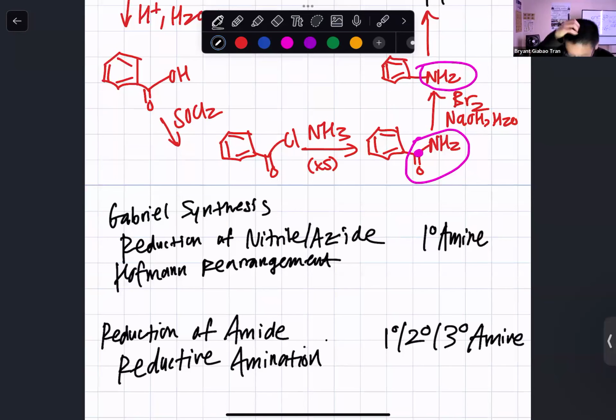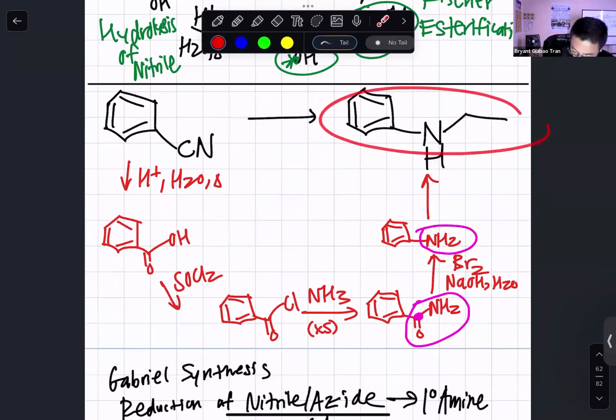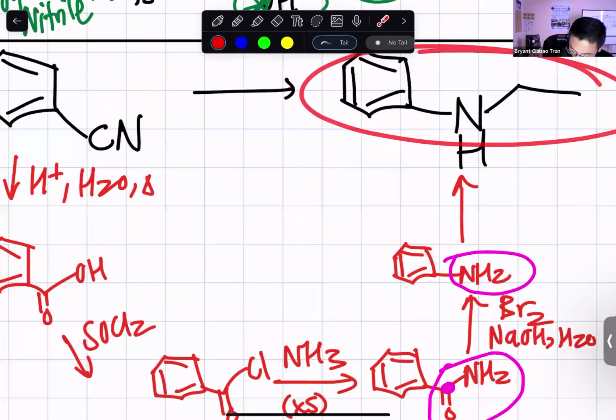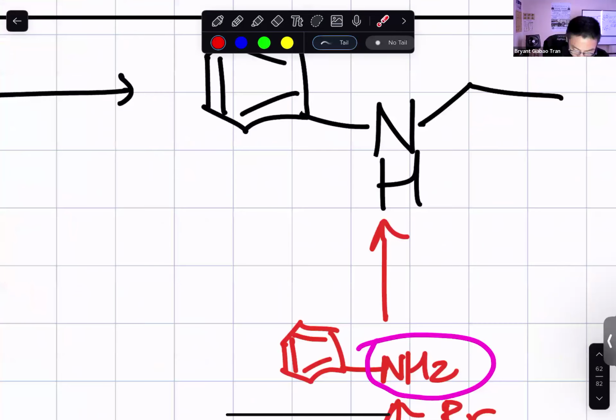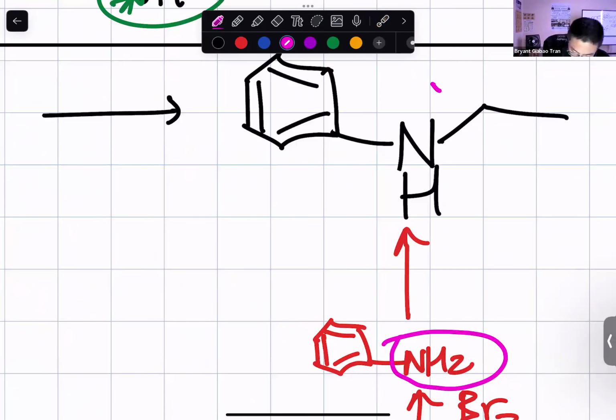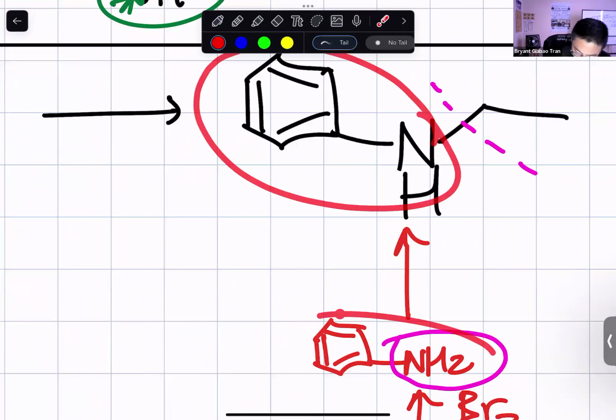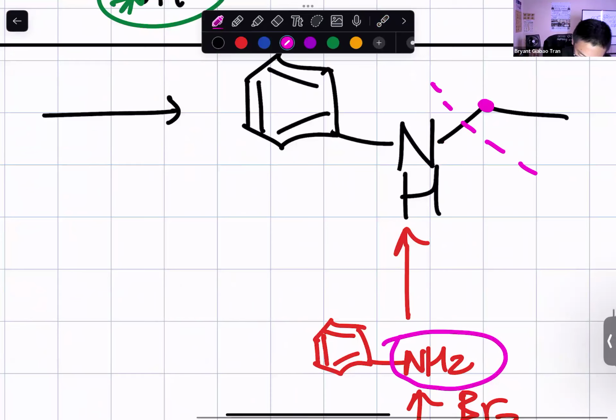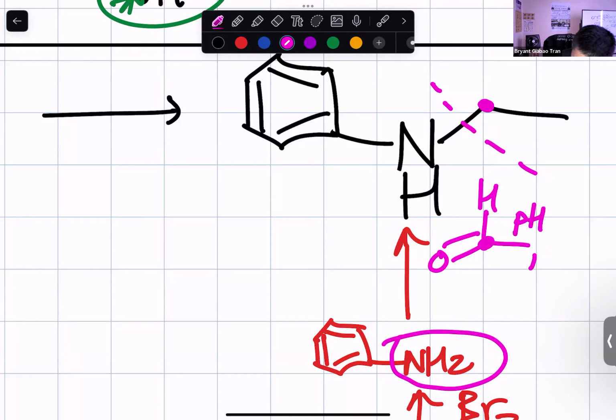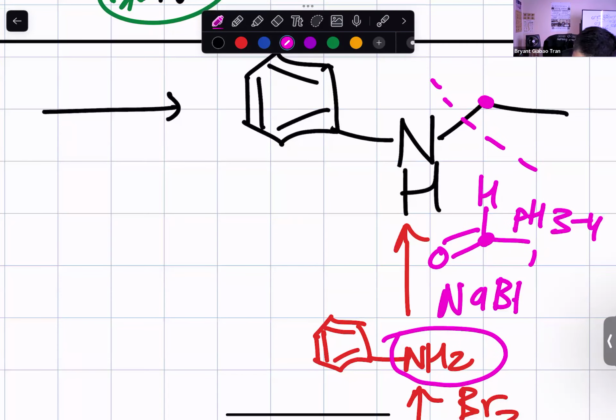Right. So we see in the products here, we have a secondary amine, and we have a primary amine to begin with. So what I'm thinking is reductive amination, where I'm gonna make a split right here. That was a new bond that was formed, right? This was our original amine that we have right here, and this is the carbonyl that we had. So if I dotted that carbon, this is our carbonyl here, which is this aldehyde, and let's say pH of 3 to 4, NaBH3CN, right?